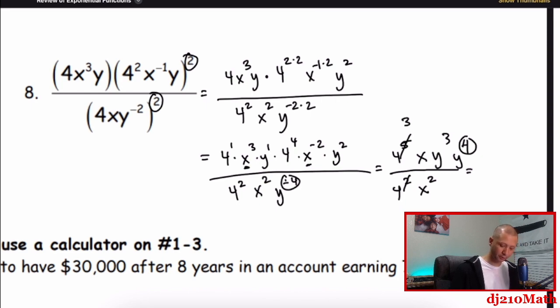There goes 5 minus 2, top minus bottom. Then there's a single x in the numerator and a single x in the denominator. And then we add 3 plus 4.